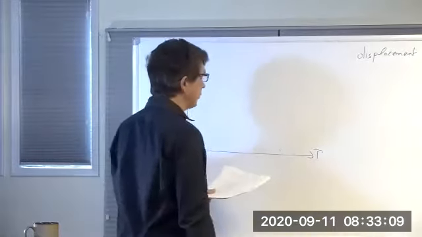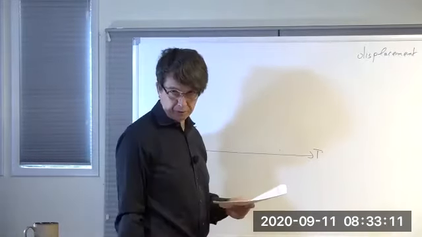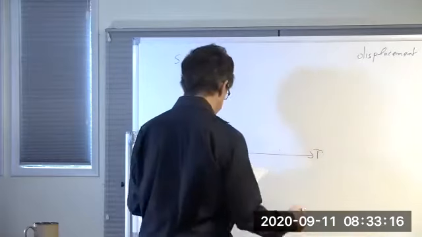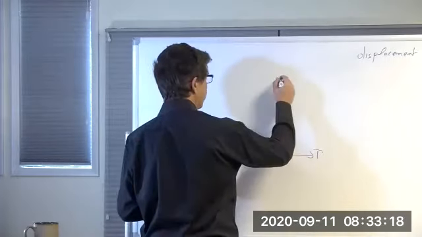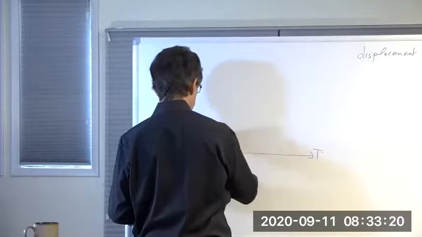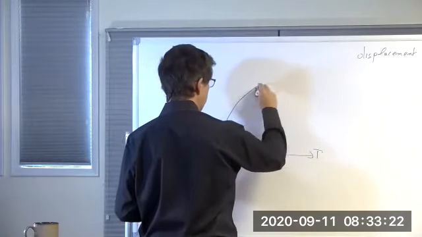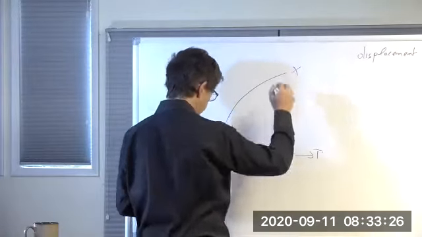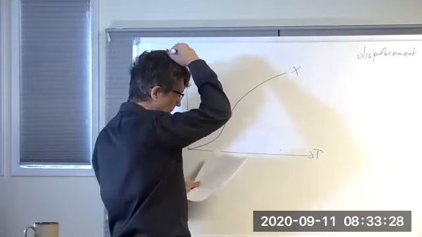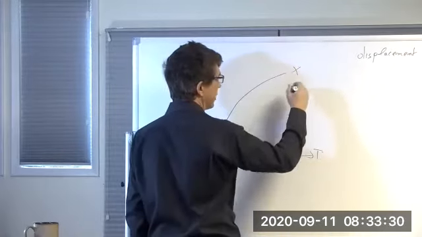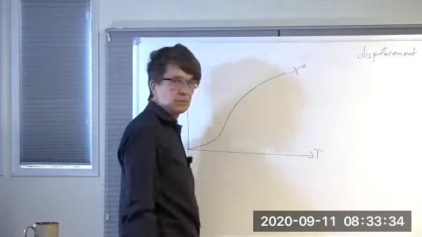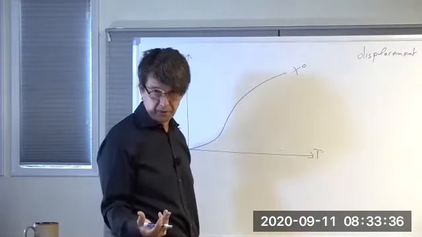And I'm going to draw it for two values of the extensive variable. Again, entropy has to be 0, right? So let's say this is the entropy as a function of temperature at constant x0. Right, that's some value of the extensive variable.